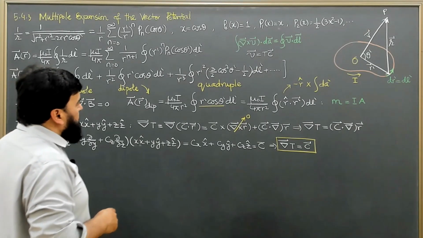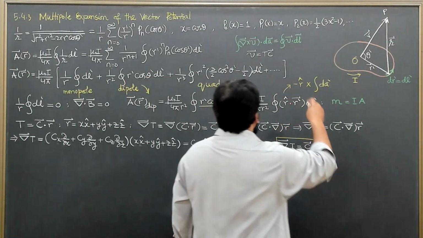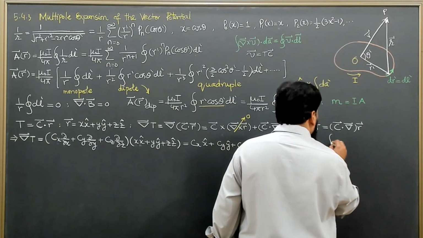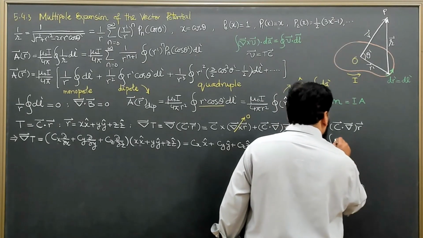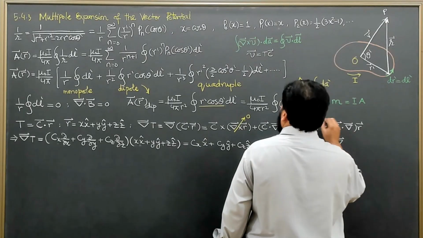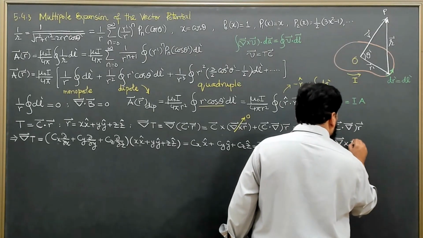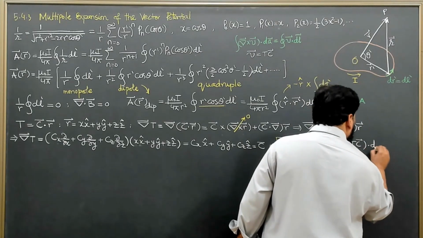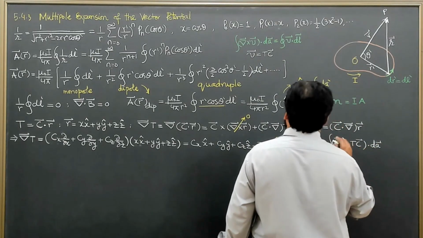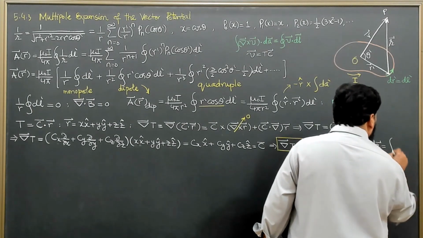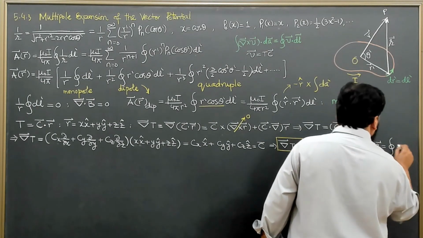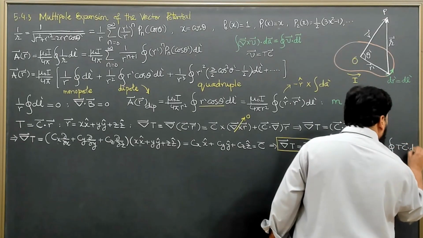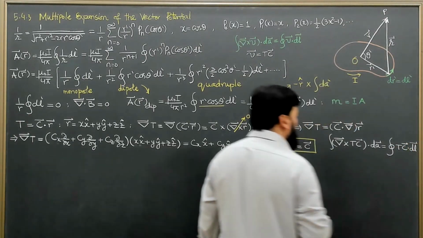This will become del cross tc dot dA, and this is equal to the closed path integral of tc dot dl.